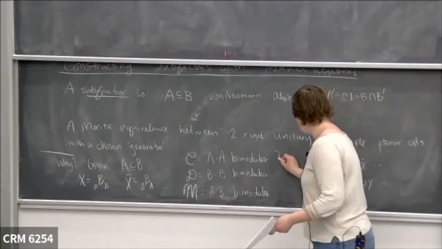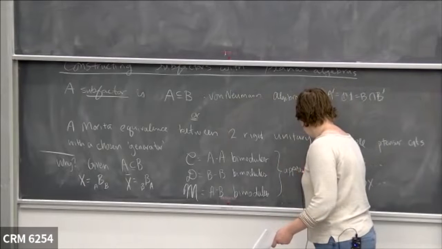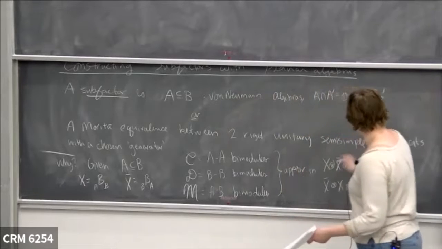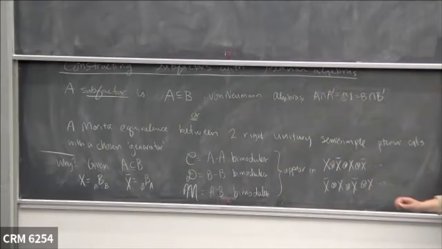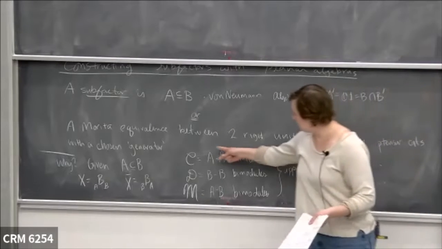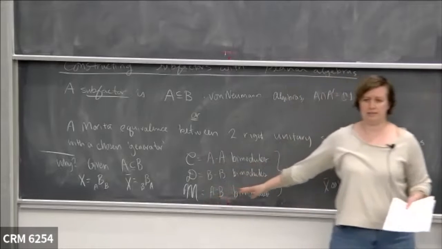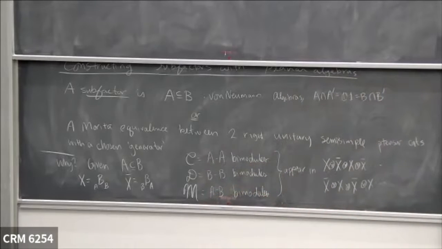I only mean the ones that appear as a summand of one of these tensor powers. Okay, and so here are your categories, and here's your Morita equivalence. And so subfactors really come with this sort of built-in pair of categories and Morita equivalence. And well, there's more information there than there is if you just have a single category.